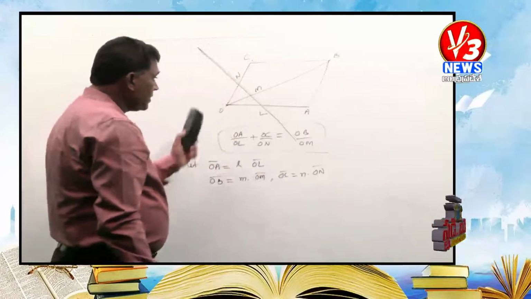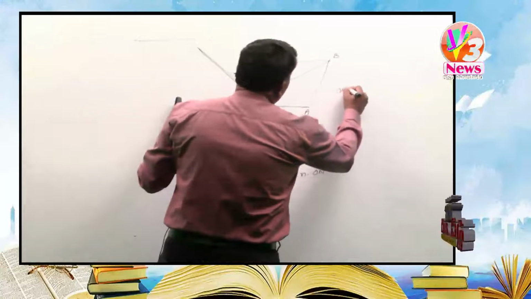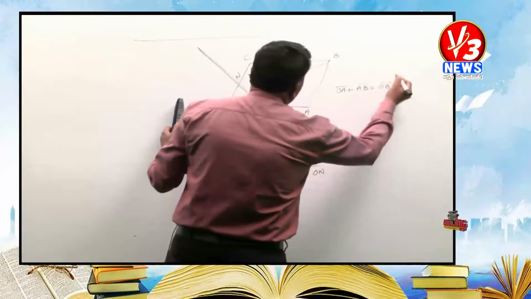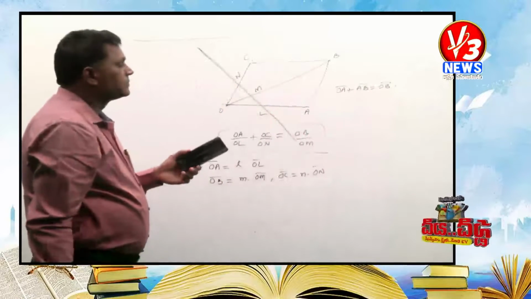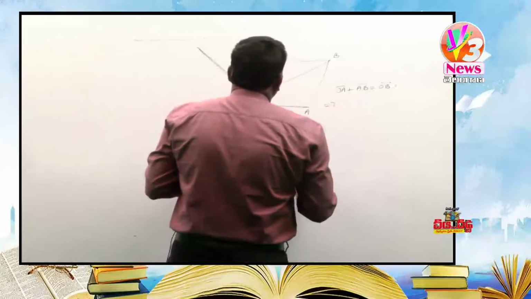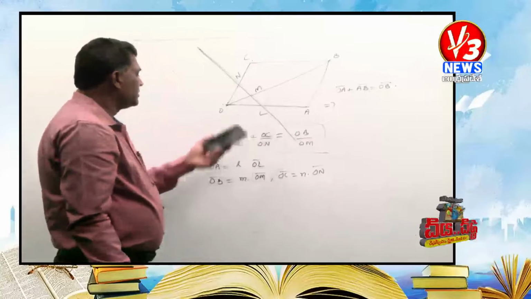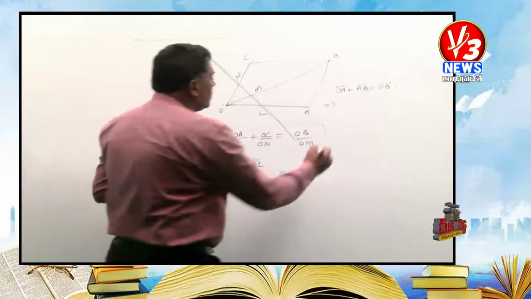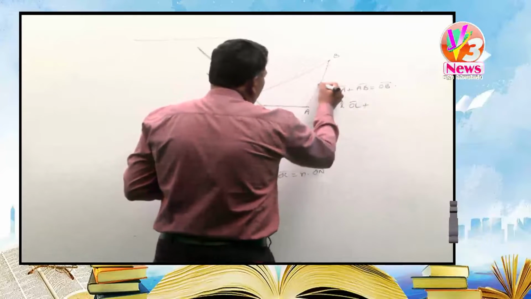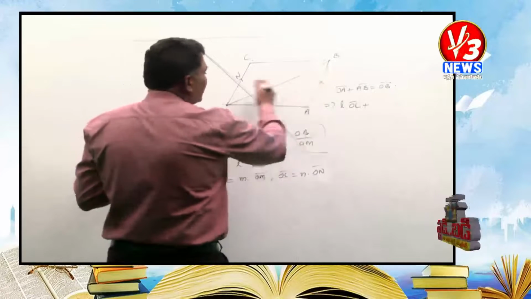Now it is a parallelogram. In a parallelogram we know that vector OA bar plus vector AB bar equals vector OB bar. Here we can write OA bar as L into OL bar plus AB bar, and AB bar and OC bar are the same in a parallelogram, being opposite sides.